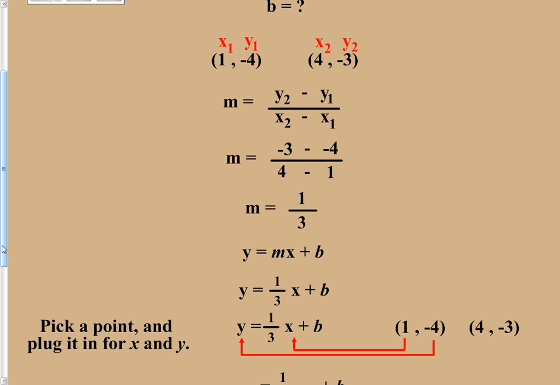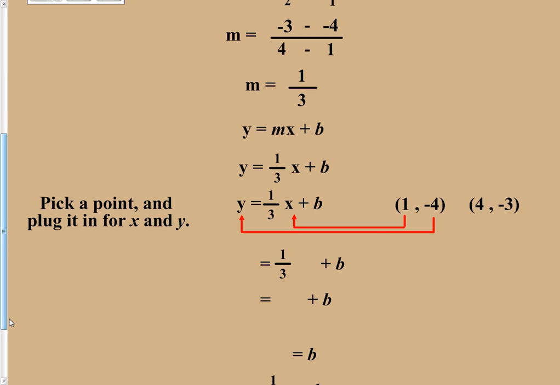So that means if you know that you have an x comma y that exists on a line like we're looking at here, then you can take that coordinate and plug the x value in for x and the y value in for y and solve the equation from there. Like you're seeing there, we selected one of the points, plugged in the x and the y value, and that gave you an equation that now only has one variable in it, and that one variable would be your y-intercept.